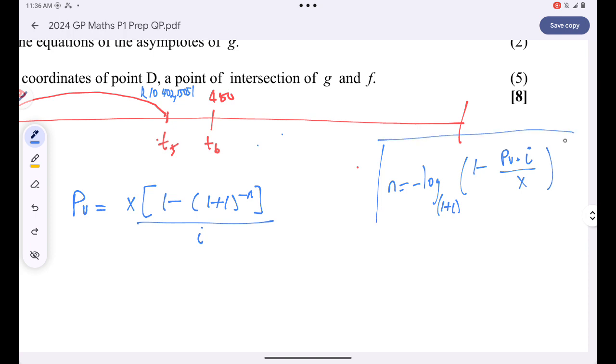To avoid rounding off the answer before you reach your final destination, keep this in mind: if you want to find n and you are dealing with the present value formula, we use this formula.